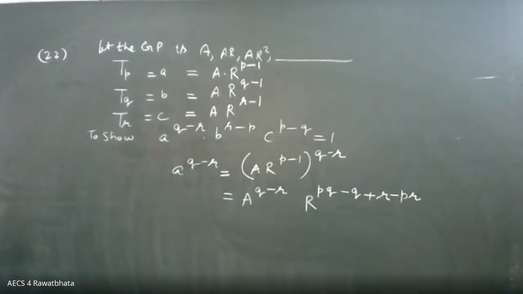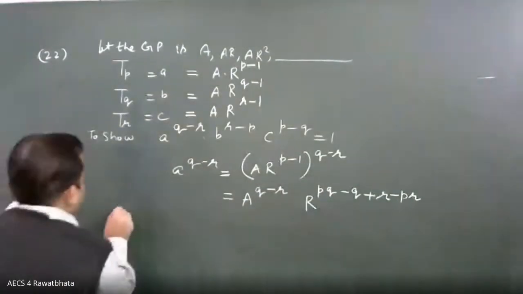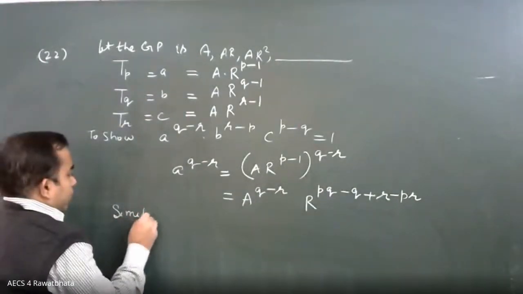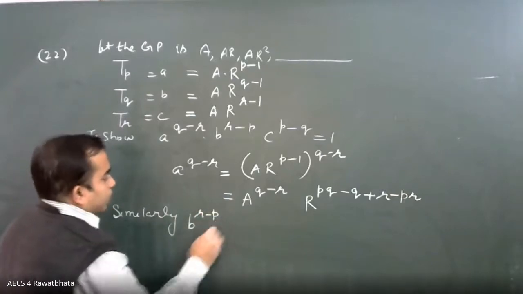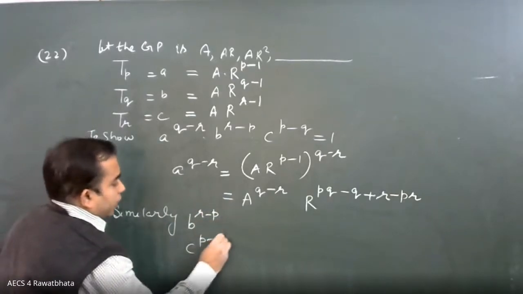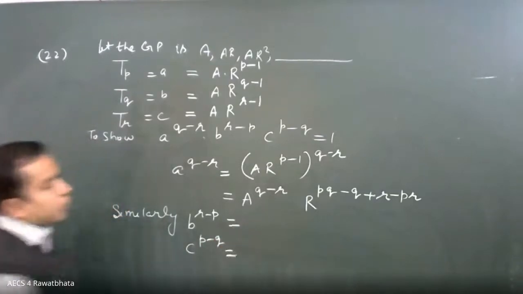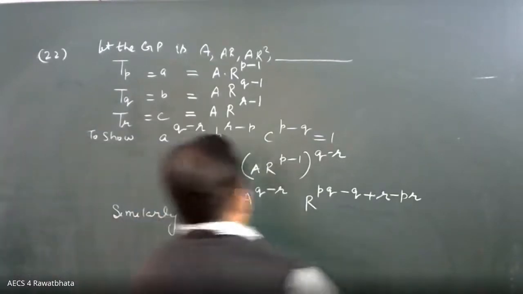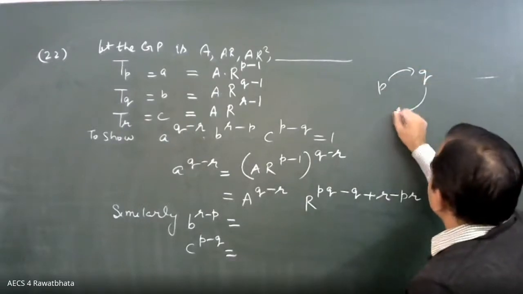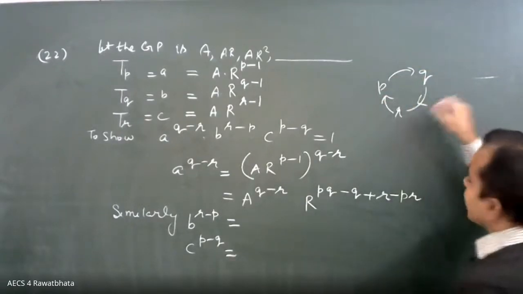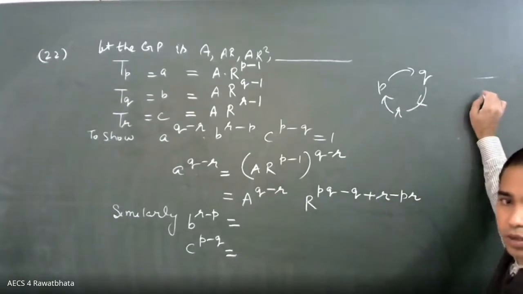Okay, then similarly b to power r minus p and c to power p minus q we can write similarly. You know students how? See, p, q and r, they are rotating in cyclic order, है ना?